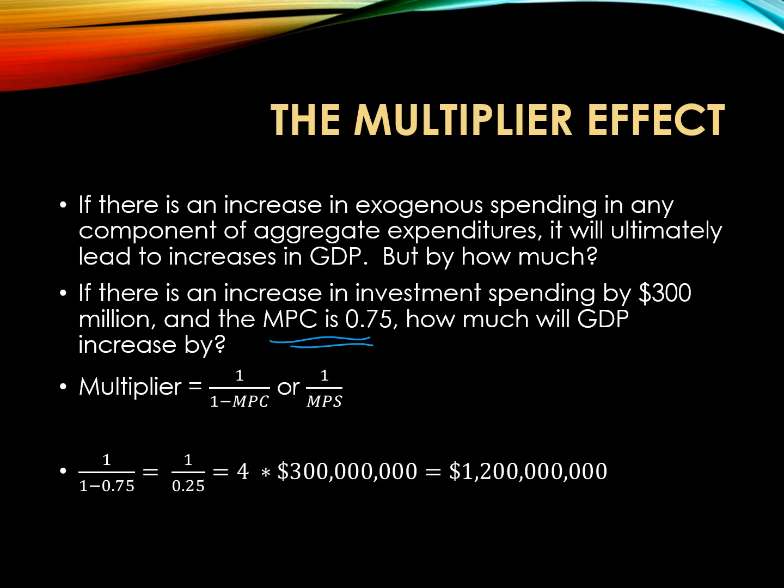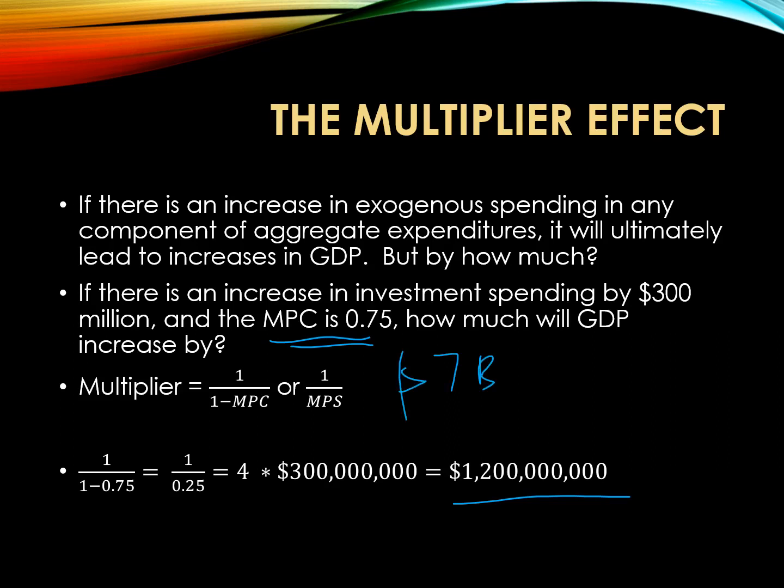So if we take the initial amount of spending by the government of $300 million and multiply that times 4, then that tells us the actual contribution to GDP as a result is going to be $1.2 billion, or $1,200 million.